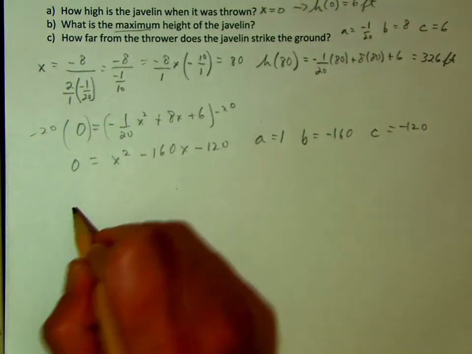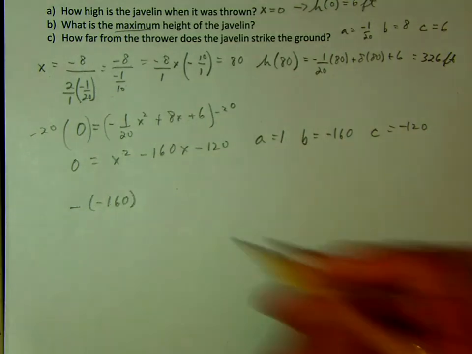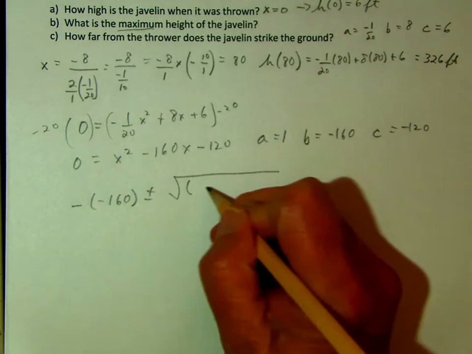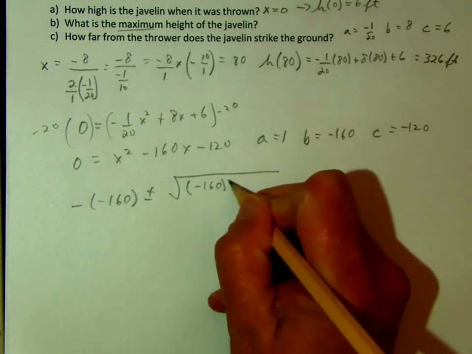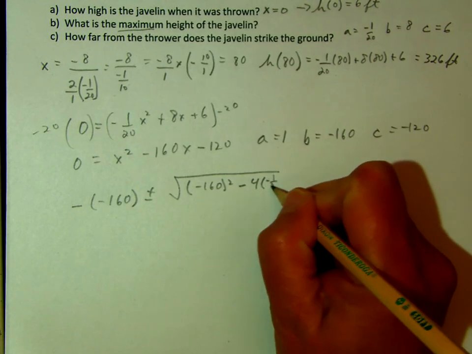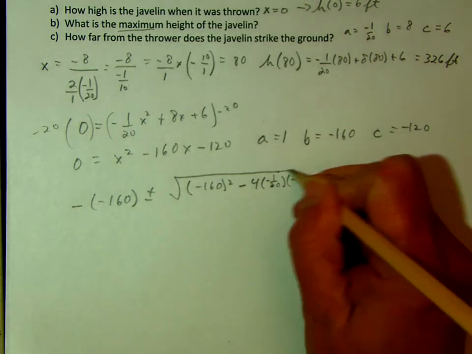So negative b plus or minus the square root of b squared minus 4 times a times c.